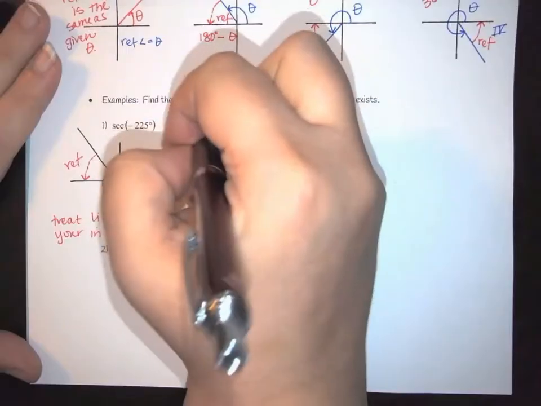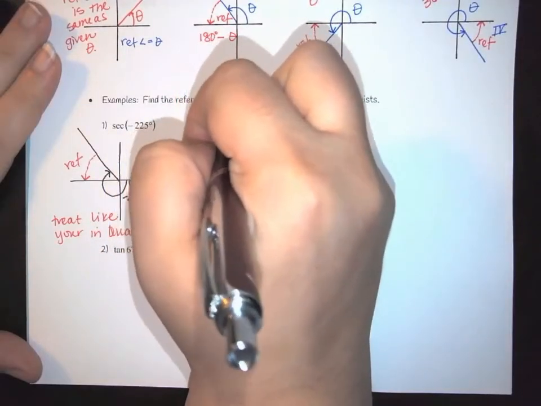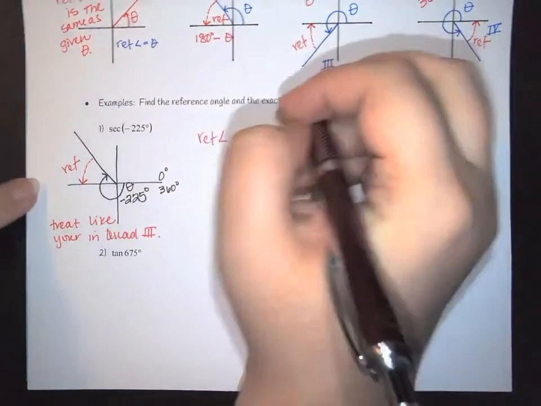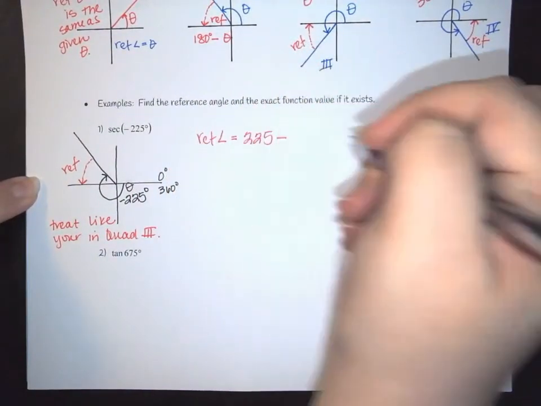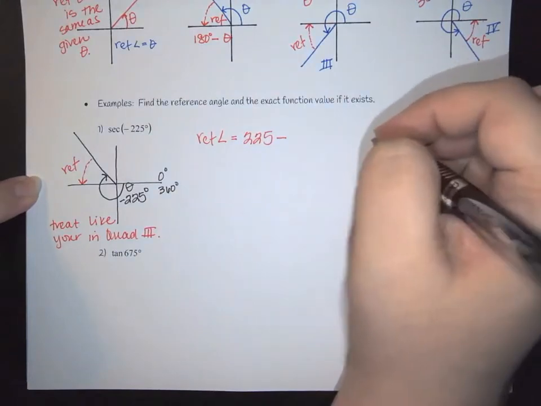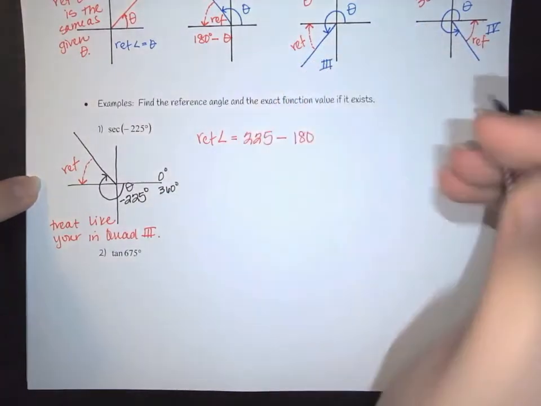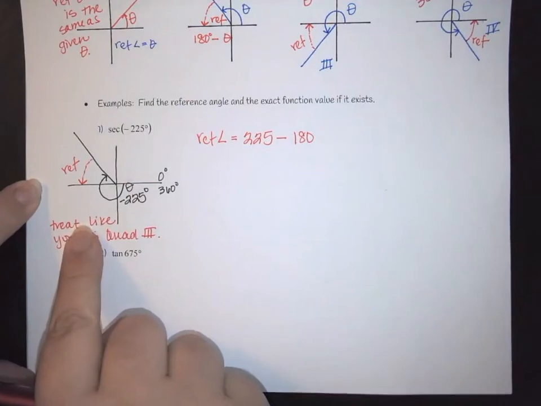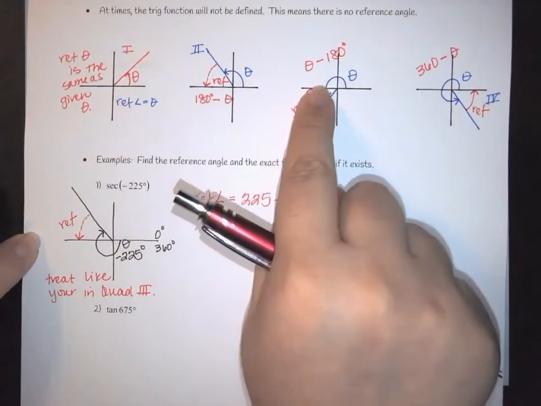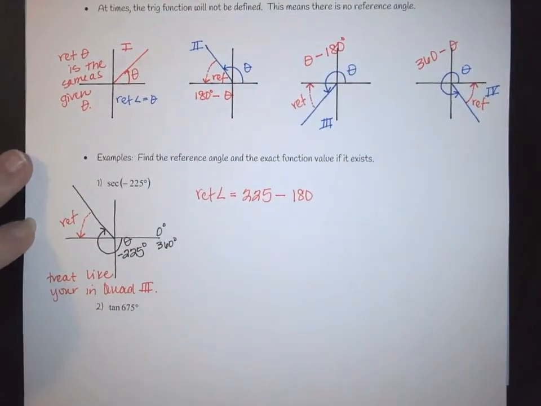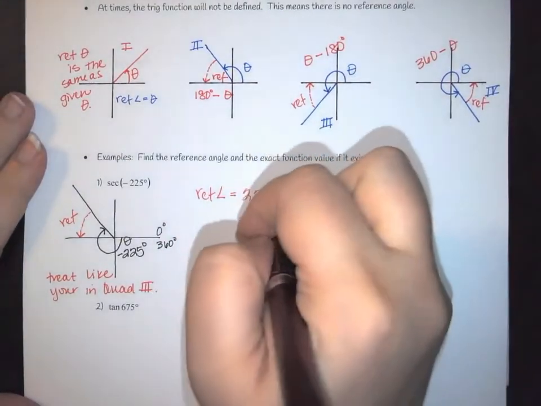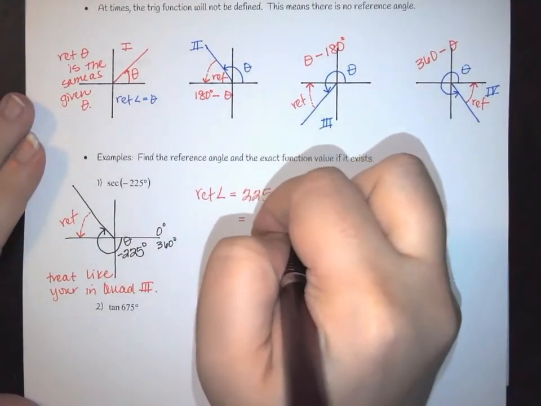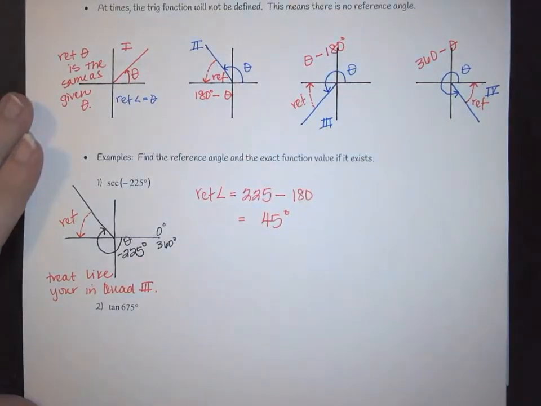What that means is to calculate your reference angle here, we would have to do 225 minus 180. So we are going to treat this like we were in quadrant 3, and if you remember, quadrant 3 said your angle minus 180. So this right here is going to give you a reference angle of 45 degrees.